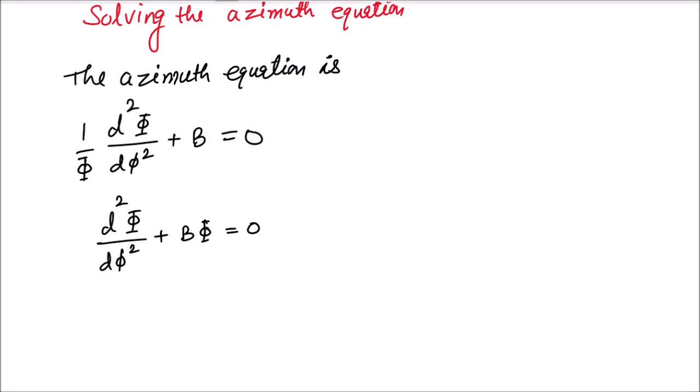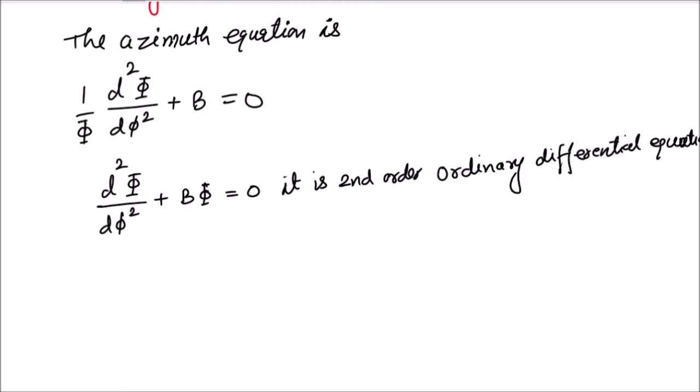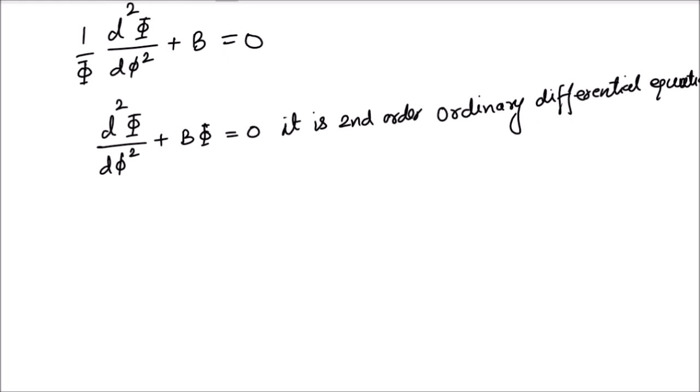So it is a second order ordinary differential equation, and we have solved it. B is taken as m square.